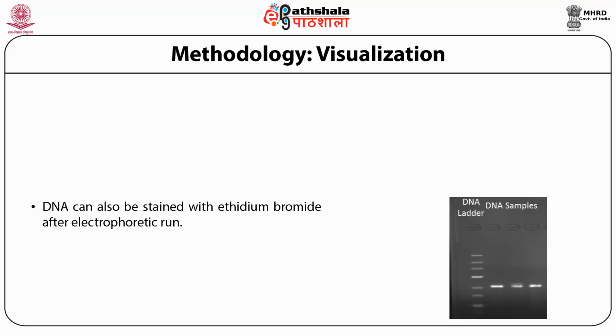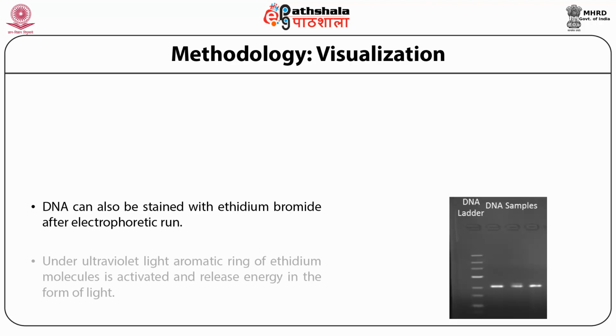Once the gel is stained with ethidium bromide, DNA fragments can be visualized under ultraviolet illumination. Under ultraviolet light, the aromatic ring of ethidium bromide molecules is activated and releases energy in the form of light.